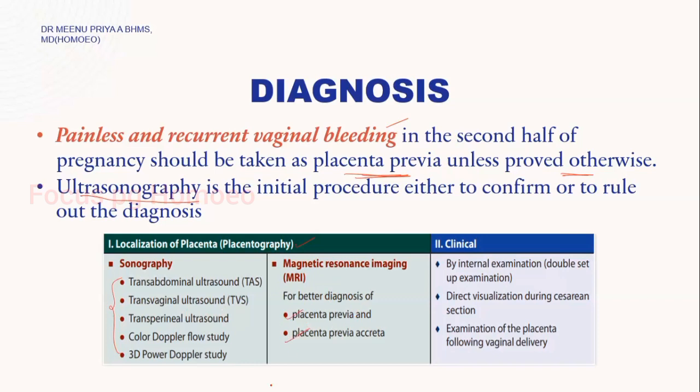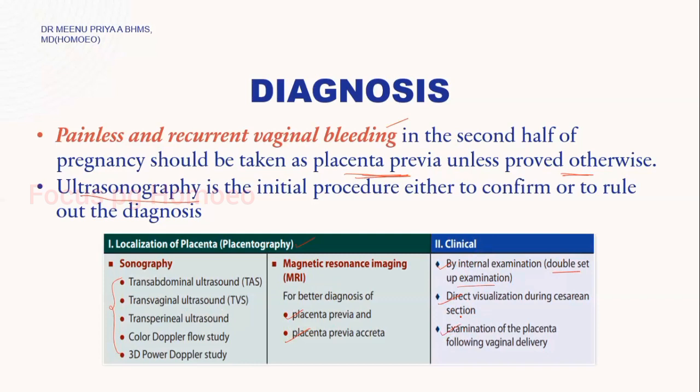Accreta is a complicated placenta previa where the placenta is morbidly adhered to the uterus. Clinically, to know the lie of the placenta, there is internal examination called double setup examination, direct visualization during C-section, and examination of placenta following vaginal delivery.